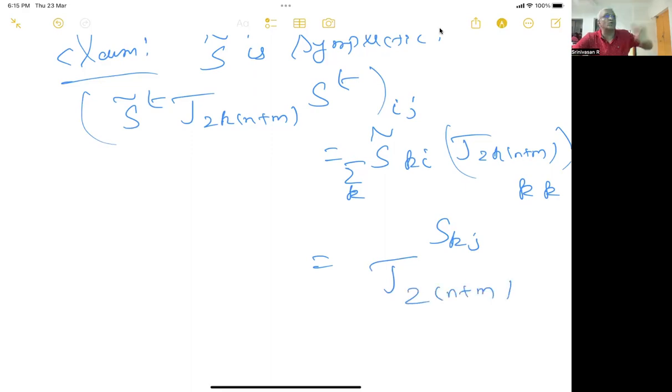I mean, this J_2K, this K, sorry, I should use L. I'm sorry, there is another confusion because this K is fixed. We have fixed a K, so there should be some L or something. Here it should be LL, right?